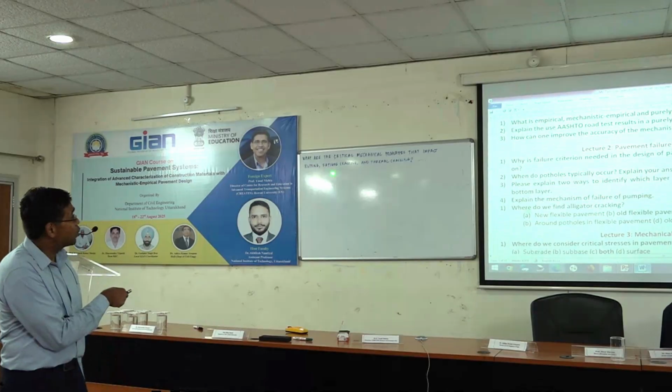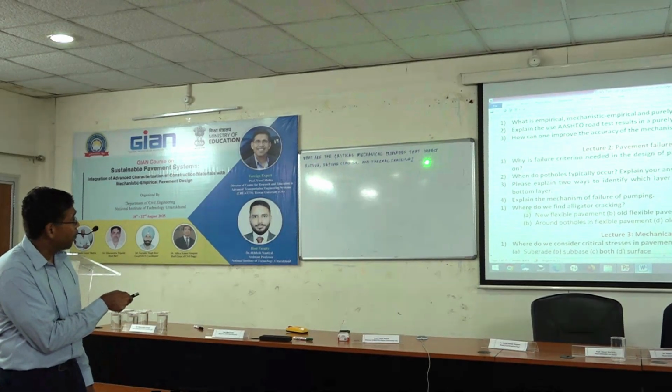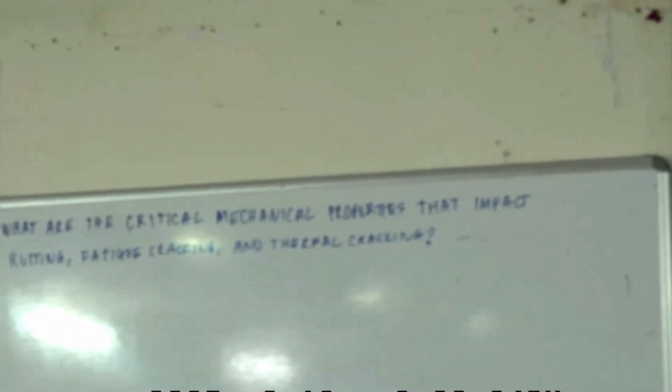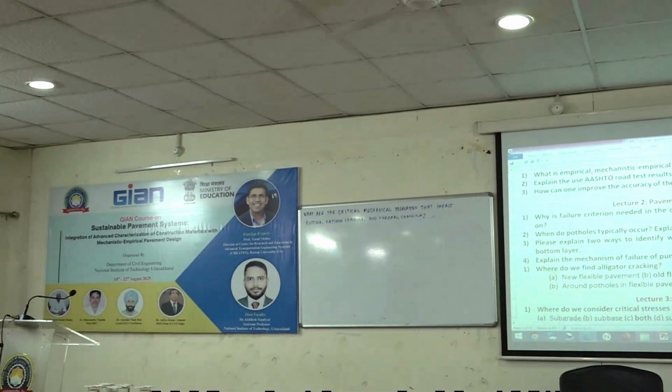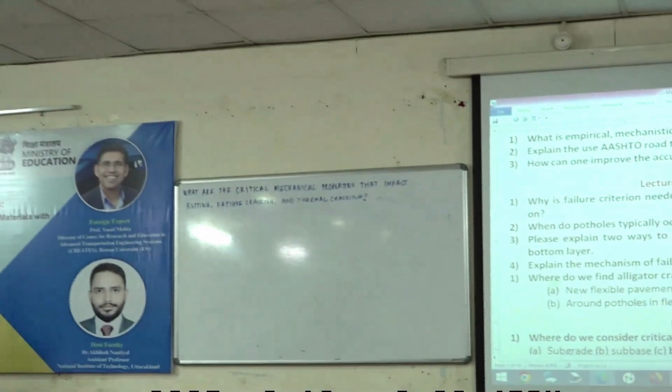All right, I want you to try this one here. What are the critical mechanical properties that impact rutting, fatigue cracking, and thermal cracking? What are the critical mechanical properties and responses? Let's try that as well. Elasticity, yeah, correct.